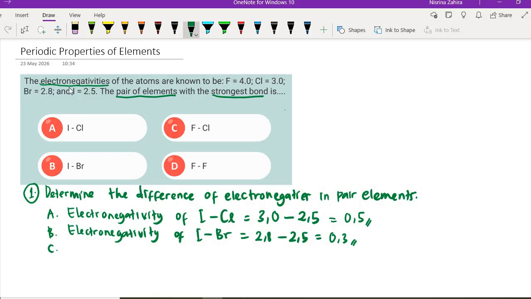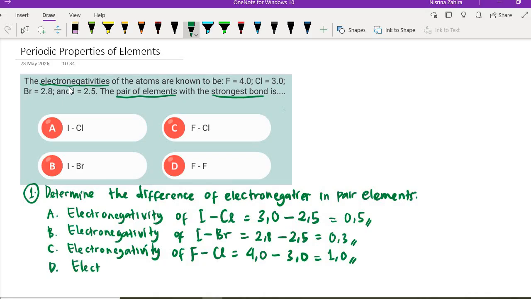Okay, let's move to the next option, F and Cl. The difference for fluorine and chlorine equals 4.0 minus 3.0 equals 1.0. The last one is F and F.